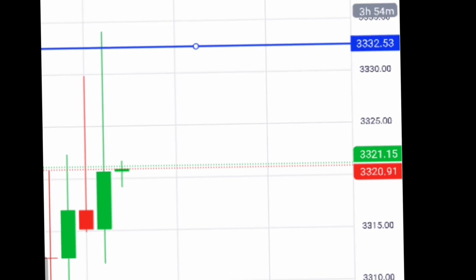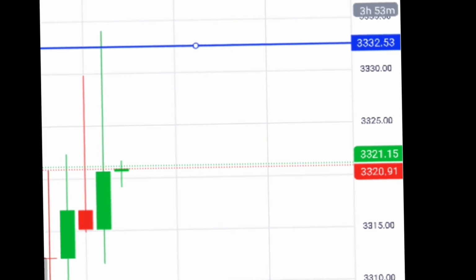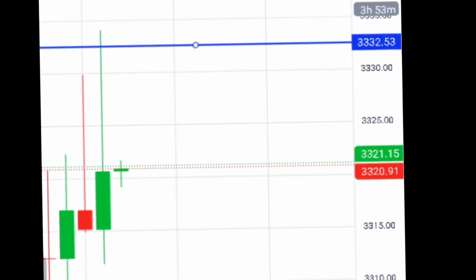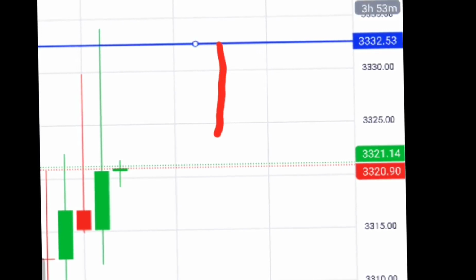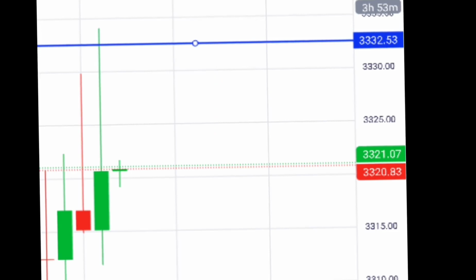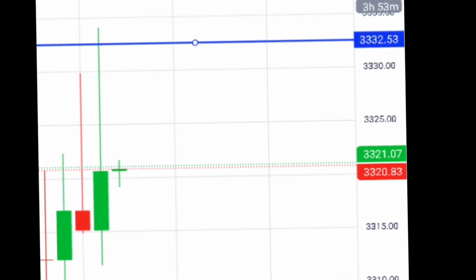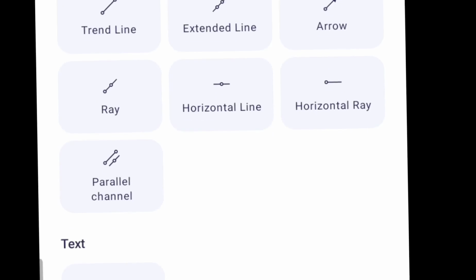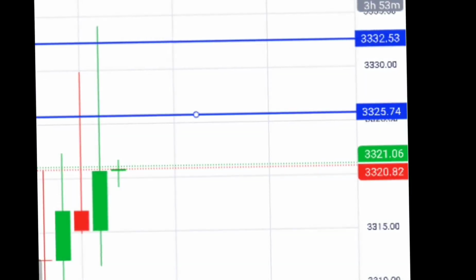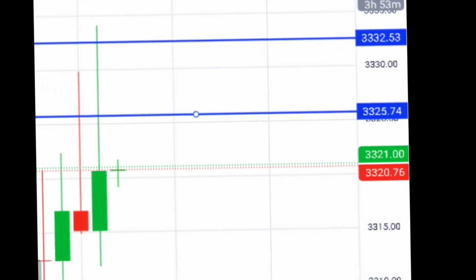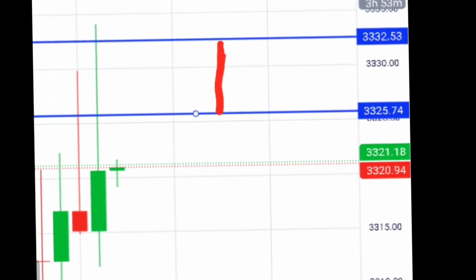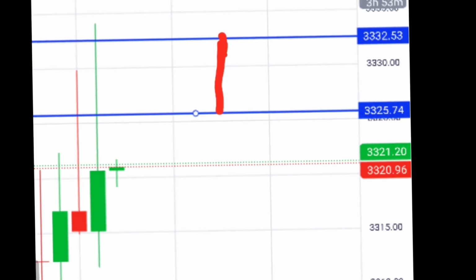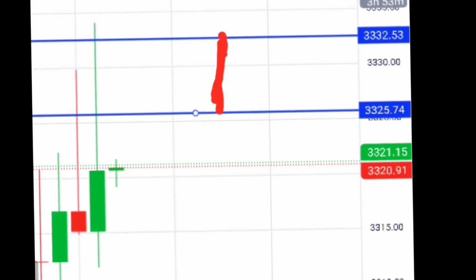Formally, the candle opens at this point you're seeing, and it went this way, bearish. Now at that point, it created to this point. So let's say from this point to this point it was 1 to 6.